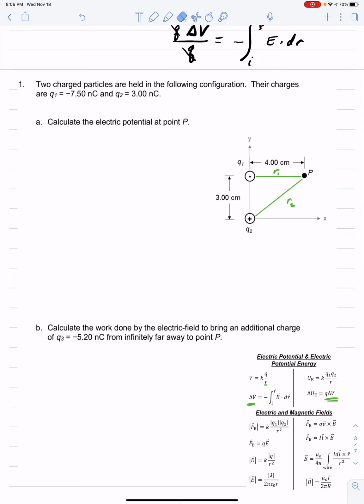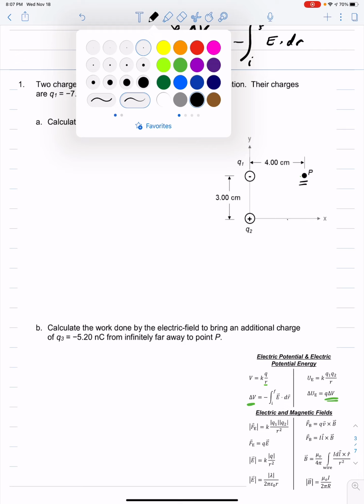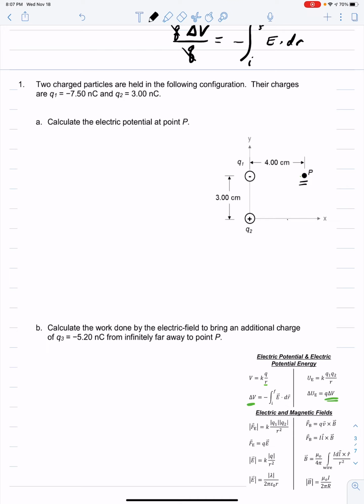The difference between electric potential and electric fields is that electric potential is a scalar value, whereas electric field is a vector value. If I was told that I needed to solve the electric field with respect to point P, I would say, okay, Q2 is a positive charge, and understanding that electric fields come outward from a positive charge, I would have drawn a line from here to here, and there's an arrow.